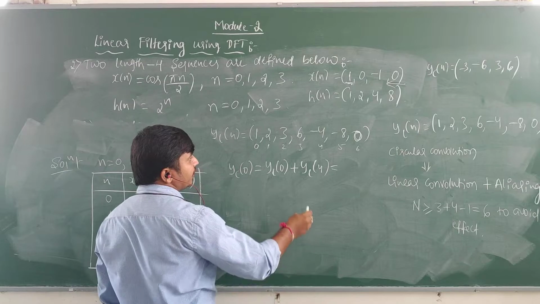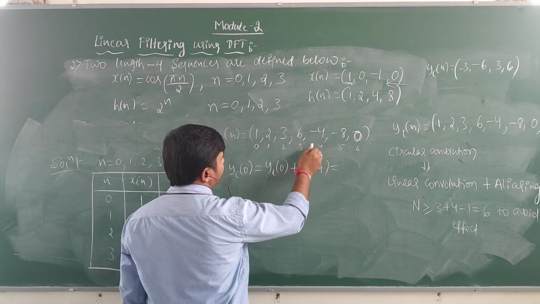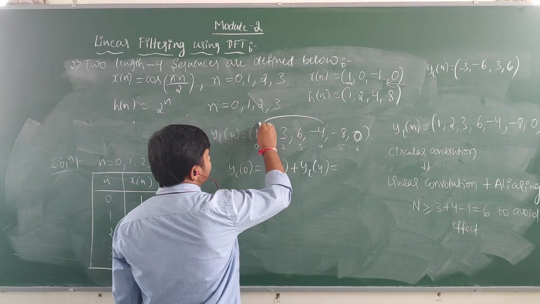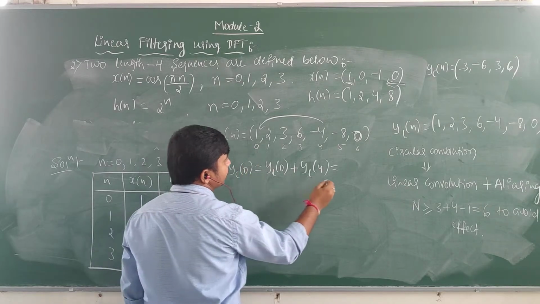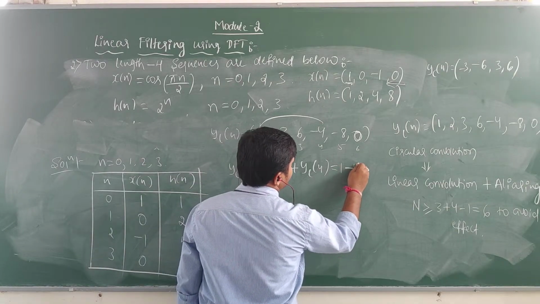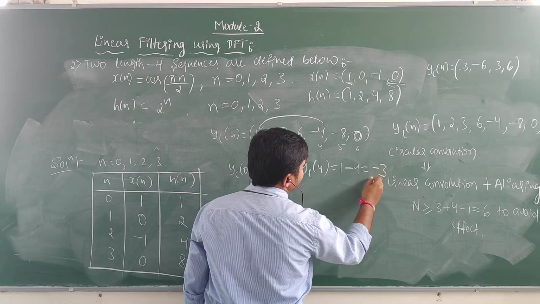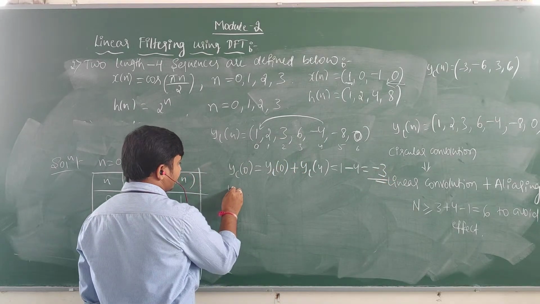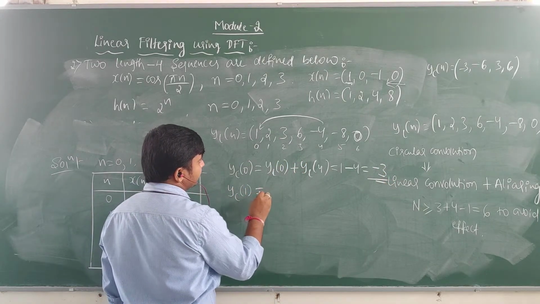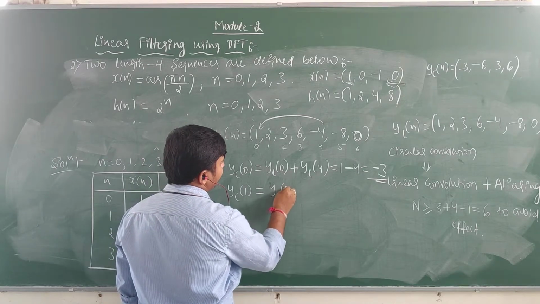So yL of 4 plus yL of 0, that is 1 minus 4, is equal to minus 3.